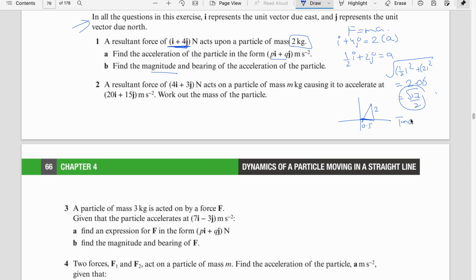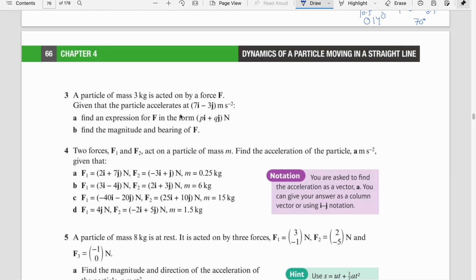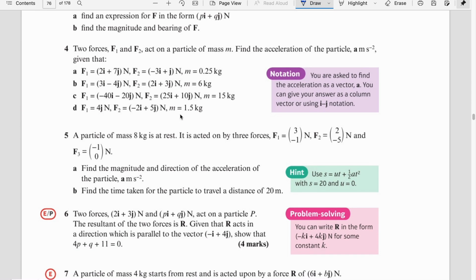So tan theta is equal to 2 by 0.5. So shift tan of 4 is 75.96. So I'm writing 76 degrees. This is 76, and bearing is 90 minus 76. That is 14, but we write it in 3 digits. So 014 degrees.